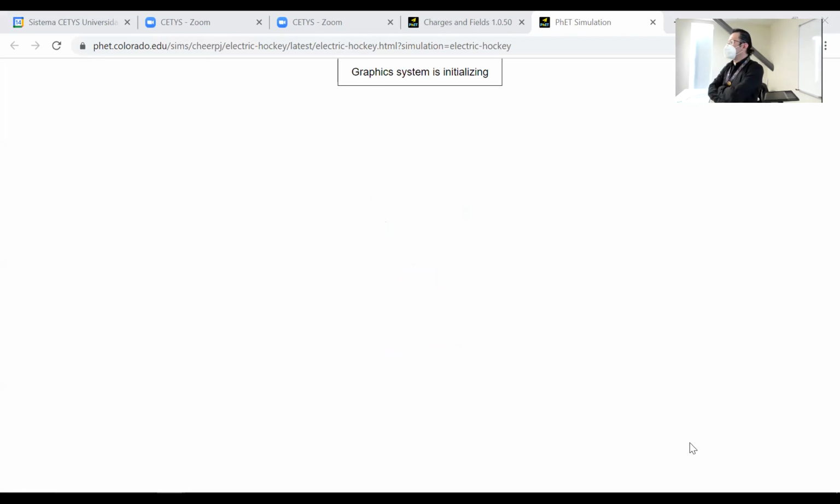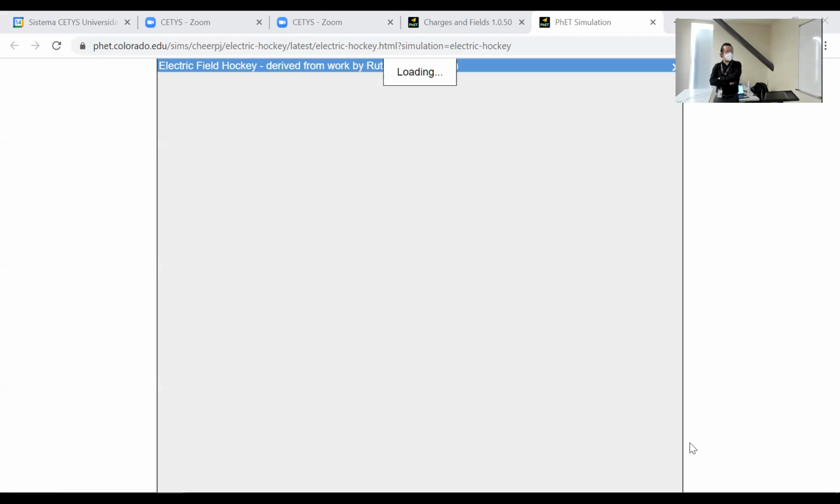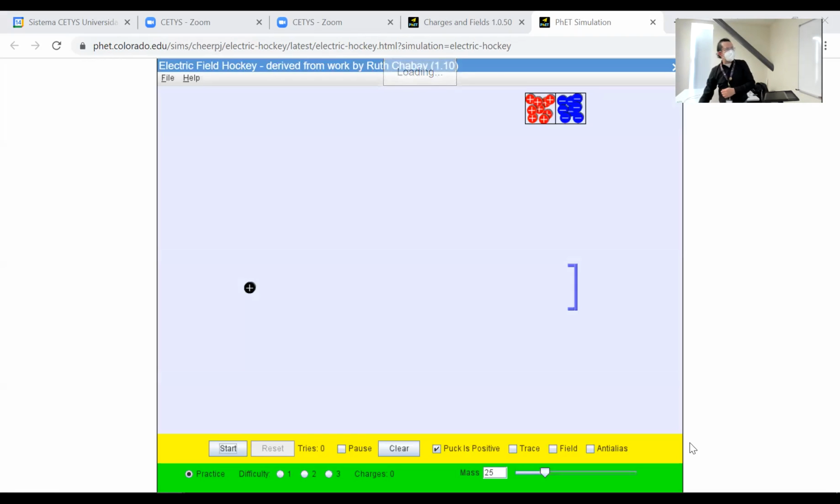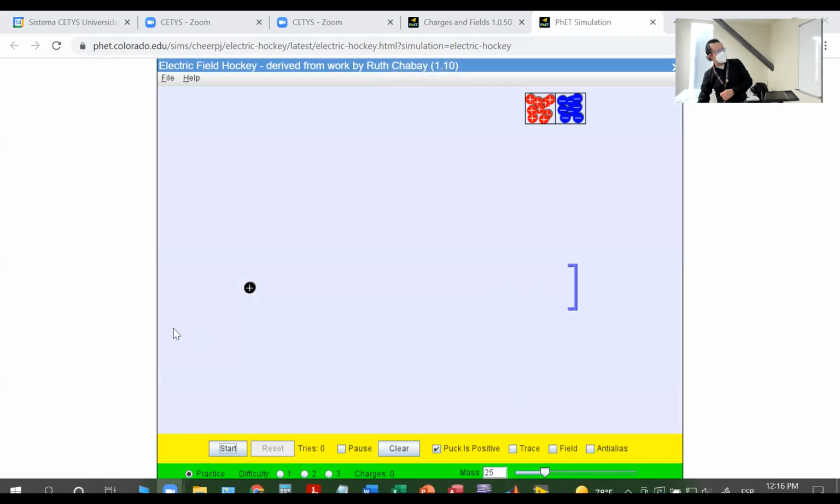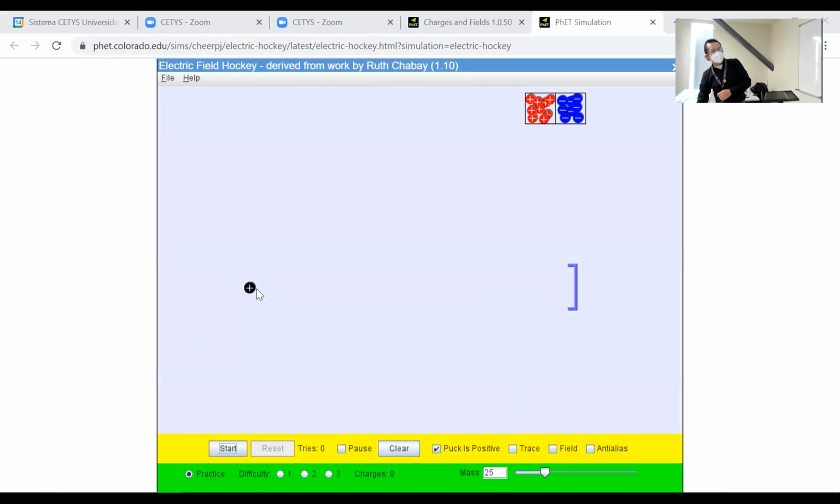Basically, what you have to do is that in this simulator, we have a puck that's a positively charged point, and we can put electrical charges around this point, and the point is going to move depending on the interactions of these electrical charges.